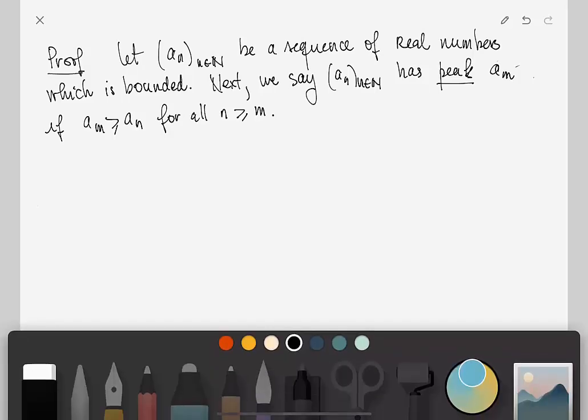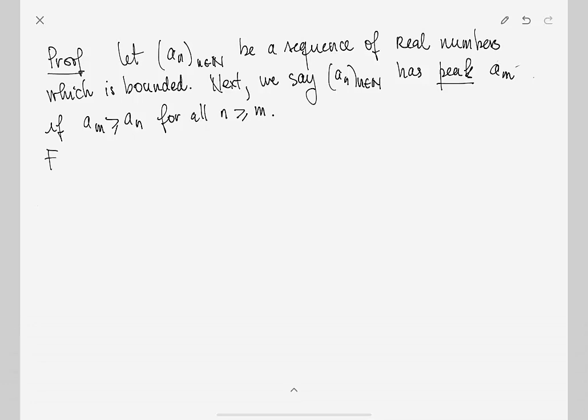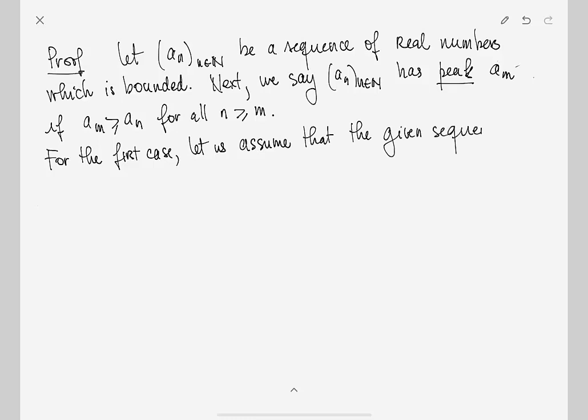Okay, so for the first case, let us assume that the given sequence has infinitely many peaks.